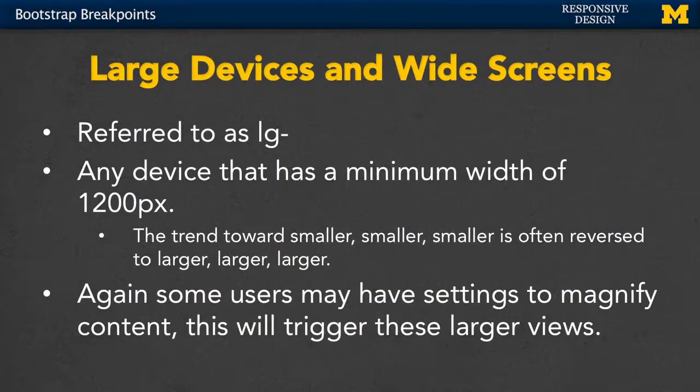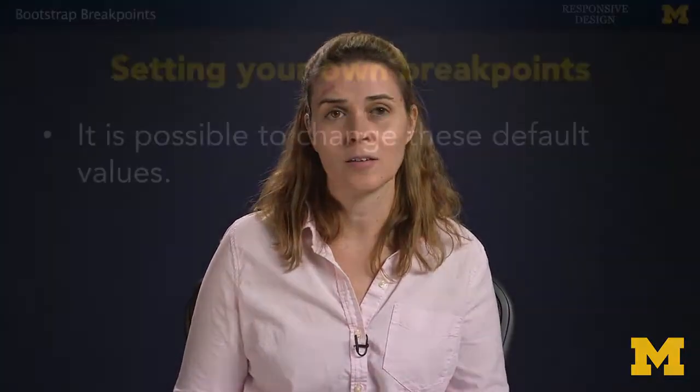And again, even when you code and style for these large screens, you need to remember that sometimes people on smaller screens will trigger these larger views. This happens to me quite often, because when I'm lecturing in class, I tend to magnify my screen so many people can see it. So these are the kinds of little things that might cause you problems because you don't understand why they're being triggered. I'm hoping you can avoid them by knowing what's going on there.